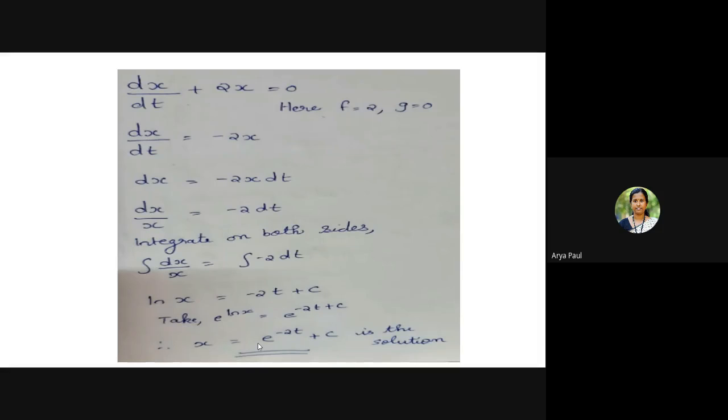The initial condition means the value of the function at some point is given. Suppose x of 0 equal to 2. What is the meaning? At t equal to 0, your x value is 2.